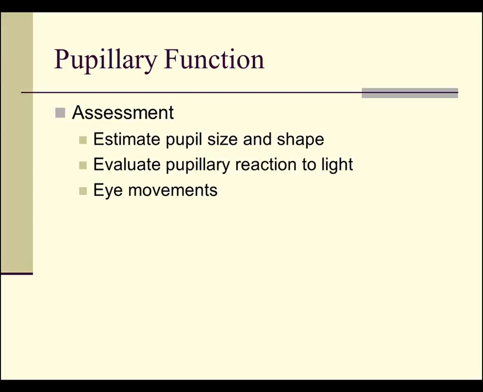Again, your PERLA. We want to estimate the size of both pupils using the millimeter ruler. And then patients who have had eye surgery for cataracts or glaucoma often have irregularly shaped pupils. And if they're receiving eye drops for either cataracts or glaucoma, you may have an unequal pupil in the eye that is receiving the drops.